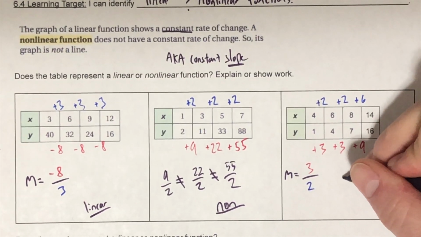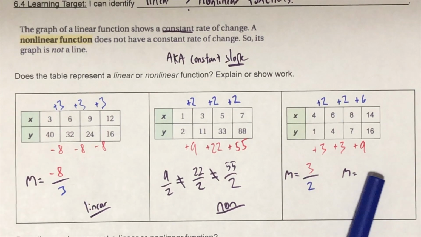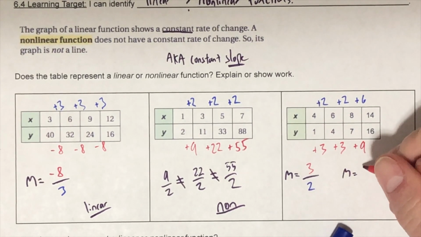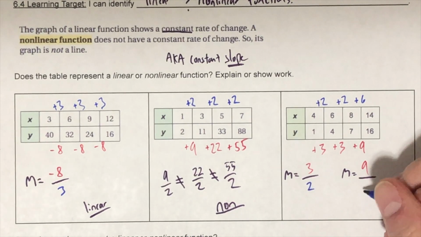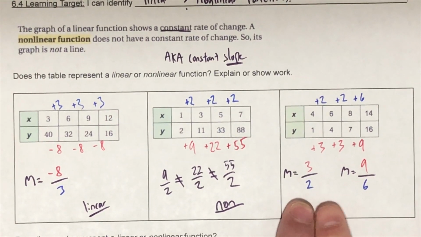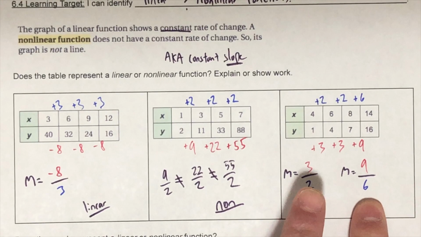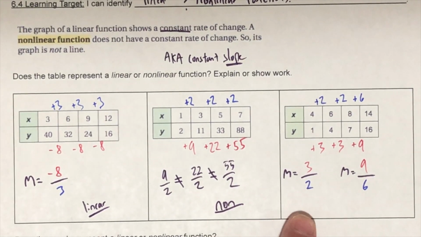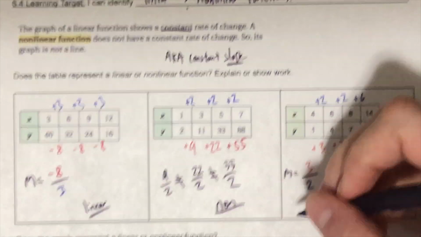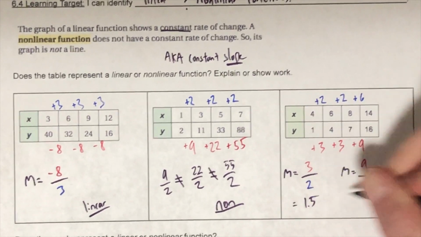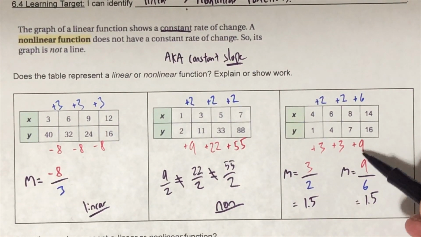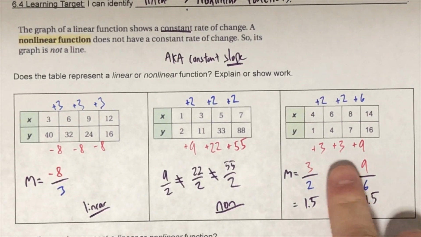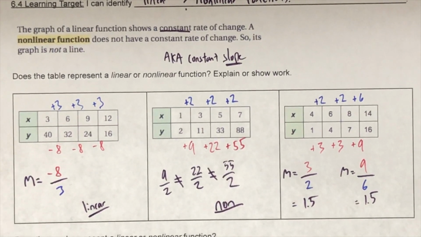So I could also say that slope is up 9 over 6. And either way, this fraction actually reduces to this fraction. Either way, the slope is equal to 1.5, or 3/2. So this is still a linear function because the rate is still the same. It's still a constant rate.